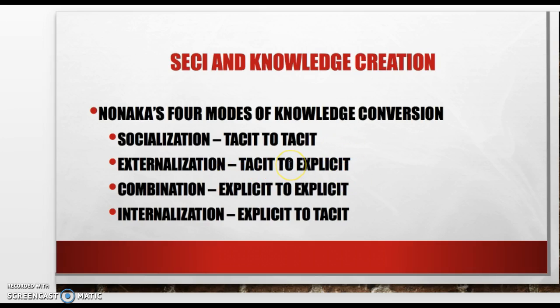The second one is the externalization, where you go from tacit to explicit. And this is where an individual is able to share or make their tacit knowledge more explicit. So you're taking your tacit knowledge and you're sharing it with others and making it more explicit. It could be through a process of communication and dialogue with others.